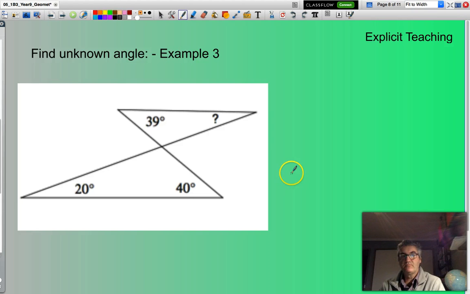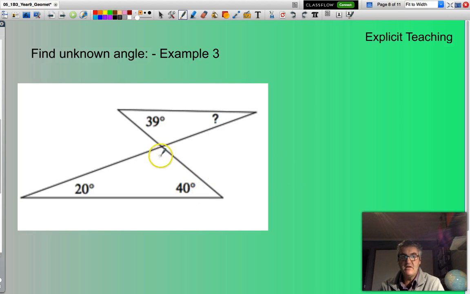This time, we're looking to find this unknown angle there. Right, I have 20 degrees and 40 degrees. Whenever I see two angles within a triangle, I should always look to calculate the third angle, the missing angle. So if that is 20 and that is 40, that is 60 degrees in total.